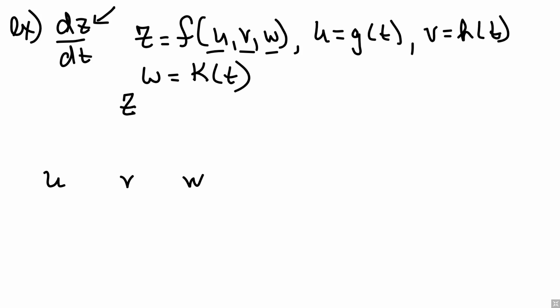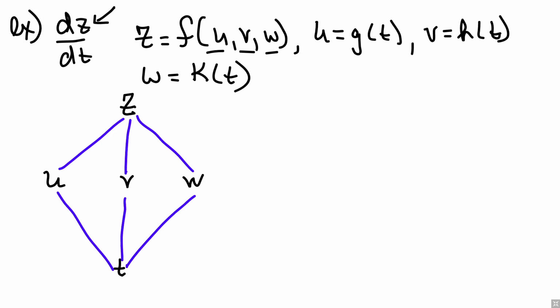And at the bottom, we put the variable that we're taking the derivative with respect to. In this problem, we have a branch to here, branch to here, branch to here, branch down, branch over, branch down.